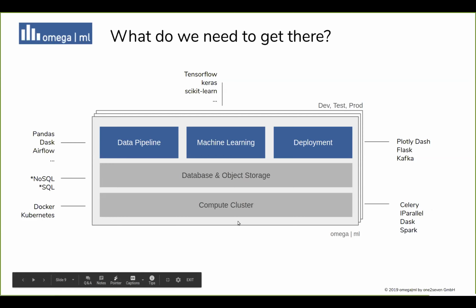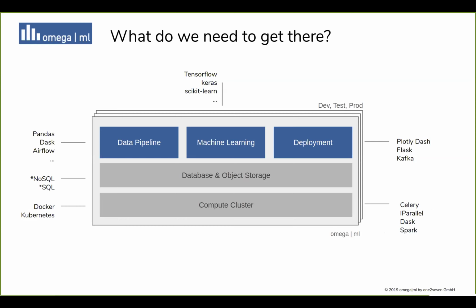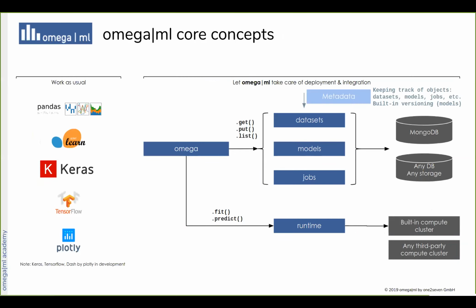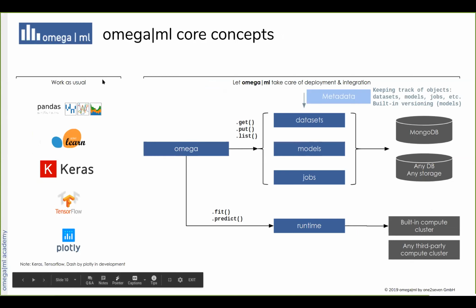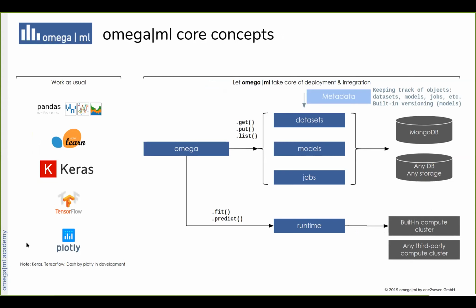Of course, the challenge is you need to somehow integrate all of this, and that's really what I've done with Omega ML. And the way Omega ML works is by basically keeping the existing open source packages intact. So you keep on using what you have already been using so far, Pandas, scikit-learn, Keras, TensorFlow, Plotly Dash, or any other open source technology that you like to use.